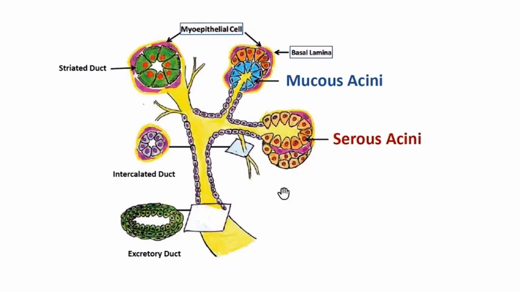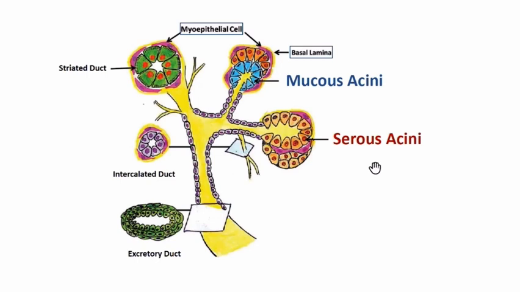We have vessels and nerves in the connective tissue capsule, and a rich vascular and nerve plexus that surrounds all the secretory and ductal components of each lobule: capillaries for secretion, and the autonomic nervous system.